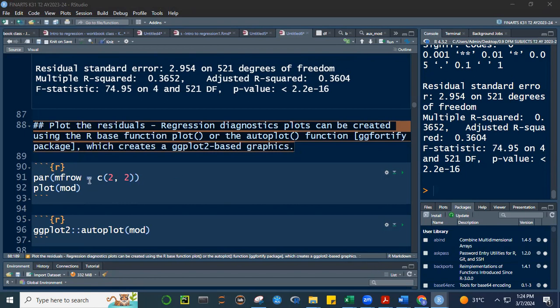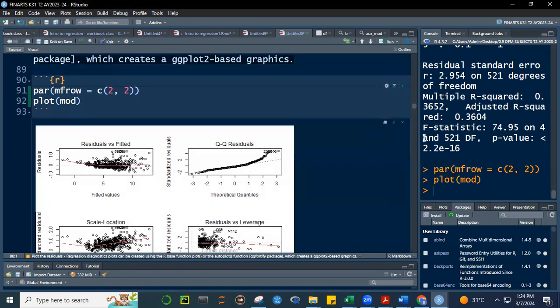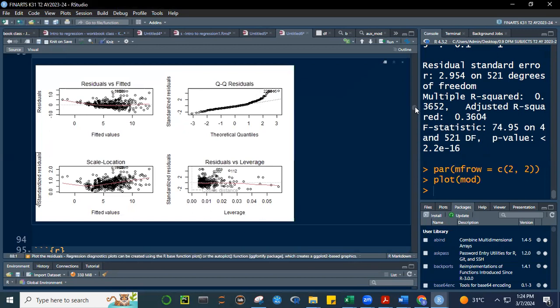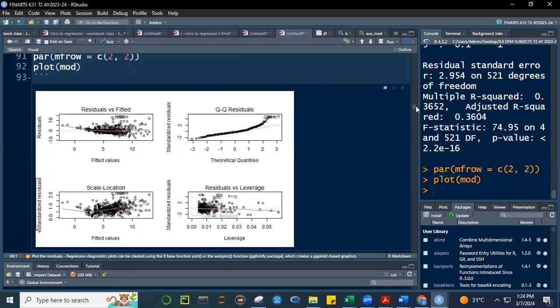All right, so we will just partition our plot in matrix format, 2 by 2 rows. We'll plot it 2 by 2, and then plot the regression model. This will generate 4 plots, although we said there are actually 5 plots generated.